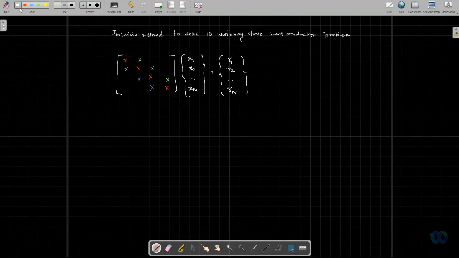So to solve these kinds of matrices, where we have diagonal elements and all other elements 0, to take advantage of such a structure, we can use direct methods, for example, Gauss elimination.